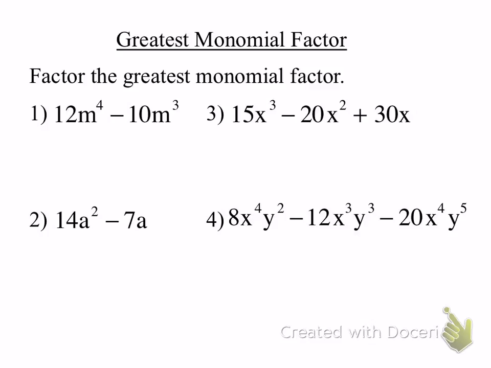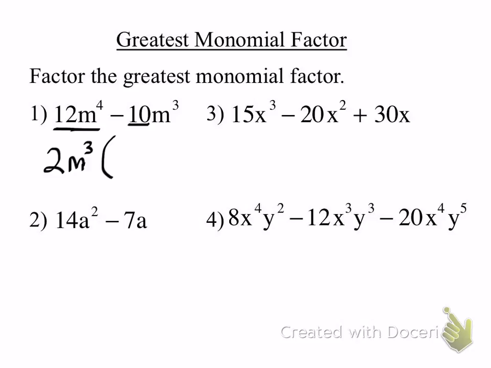Numerically, what's the greatest common factor? Chris? The greatest common factor numerically would be 2. And what's the greatest amount of m's I can divide out of both? Caleb? M to the 3rd. Good. Okay, so now I've got to draw my parenthesis. And what's left out of this? John? 6m.